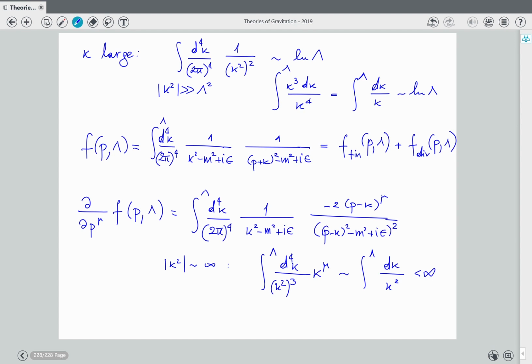So probably instead of f we could call it g, something to avoid too many f's. Let me call it g. This is the definition.